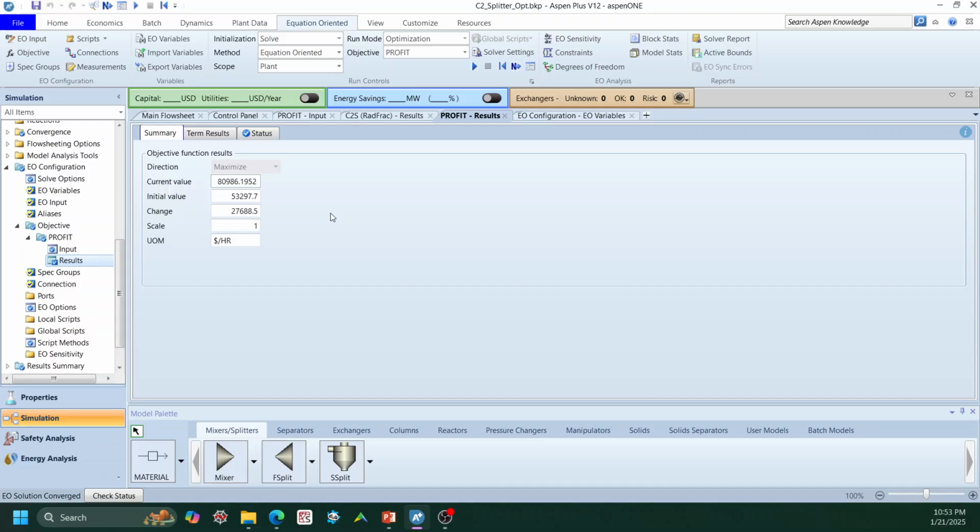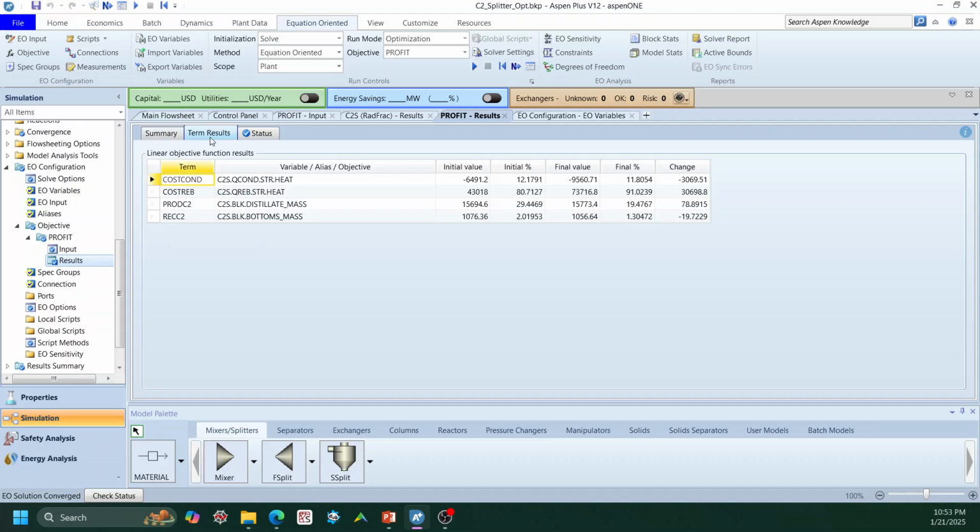So the initial value is 53,000, and the optimized value is 80,000. So that's the objective function. We have an increase, and we can see the optimum variables.